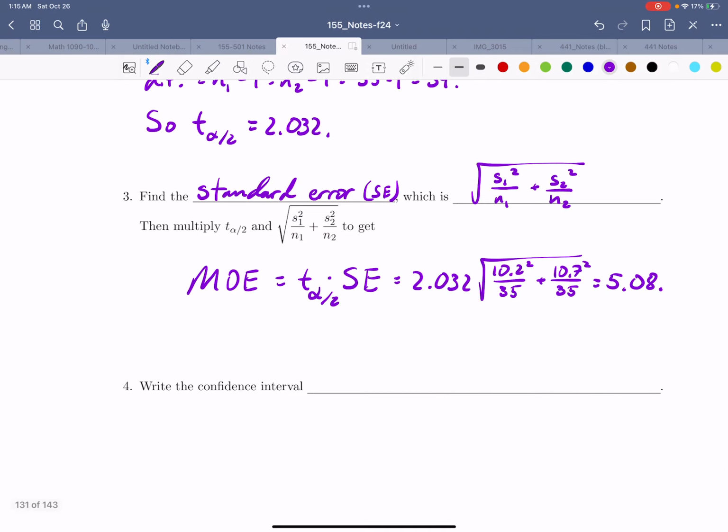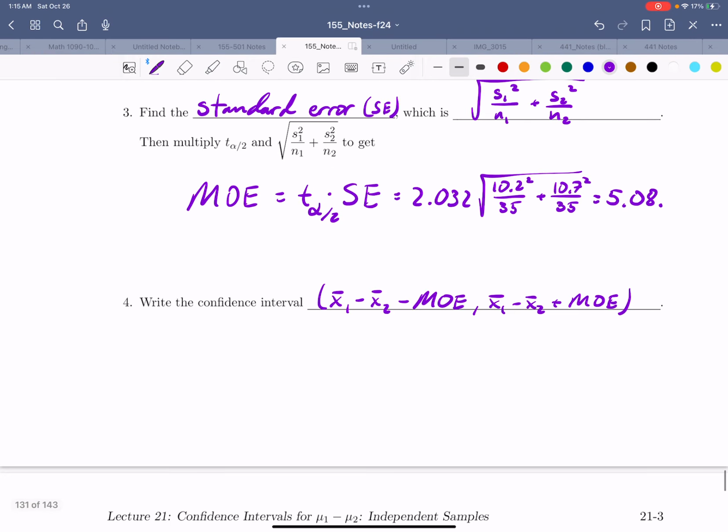Now remember, what's the confidence interval? Well, it's going to be our point estimate, and then we're going to subtract the margin of error. And then we have our point estimate, and we're going to add our margin of error. So let's see what we get here. The 95% confidence interval is going to equal negative 2.9 minus 5.08.